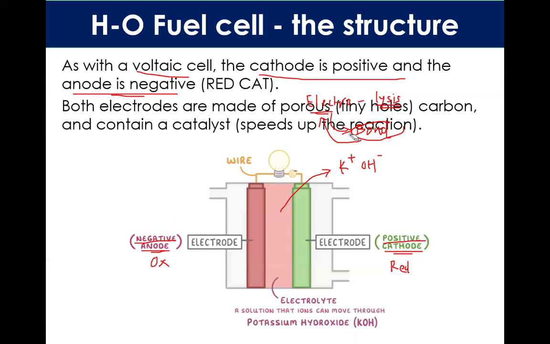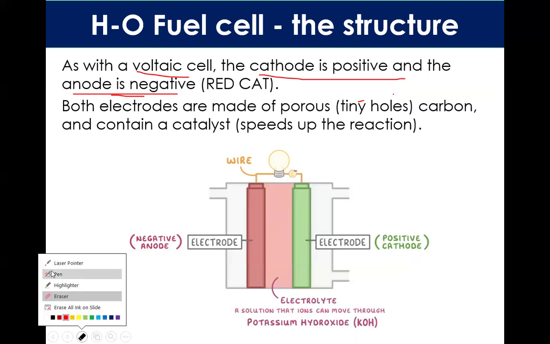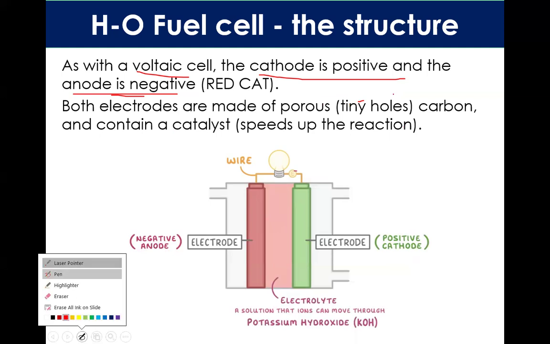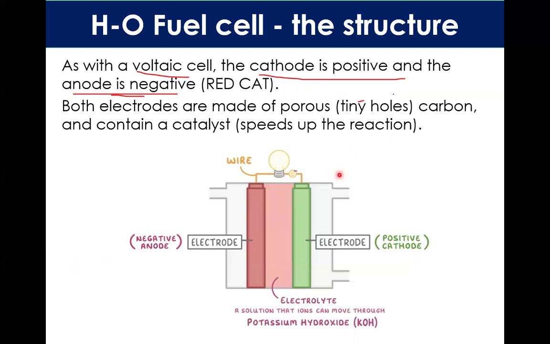So both electrodes, the positive electrode and the negative electrode, are made up of a porous material. Porous means any material that has tiny holes in it. That porous material contains a catalyst that is adsorbed onto it, and that speeds up the reaction.